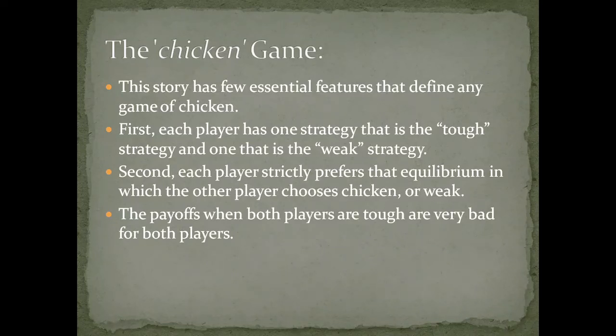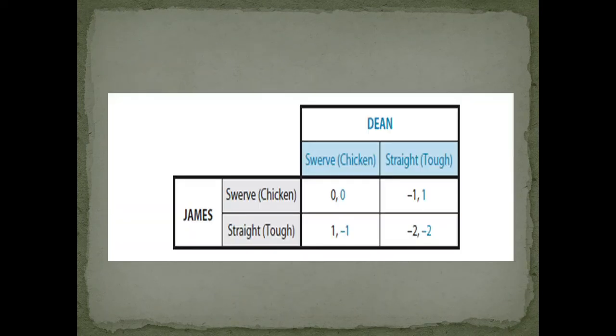Now, if one of them stops and the other person goes, then the person who did not stop is going to be considered the winner, and the one who stopped is going to be considered the chicken. But the worst possible outcome is when both of them feel bold and tough and want to collide with each other, and they don't stop. They want to be bold, and that's where they meet an accident.